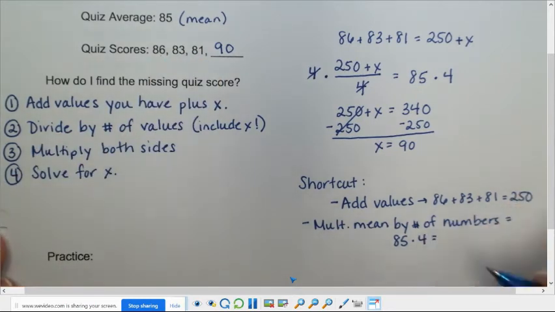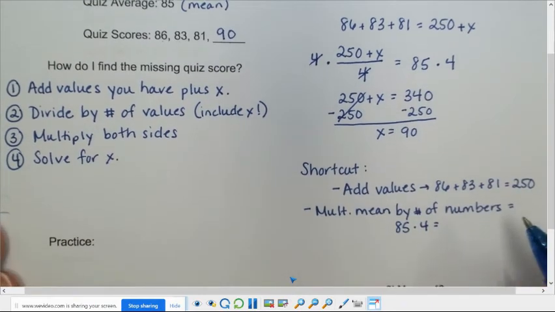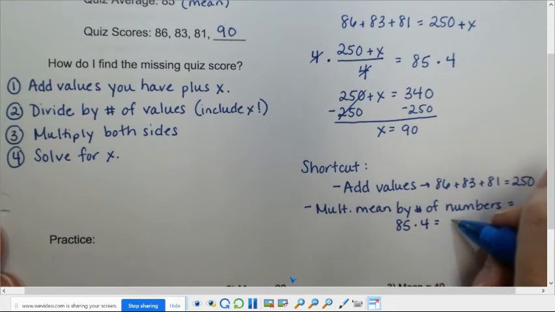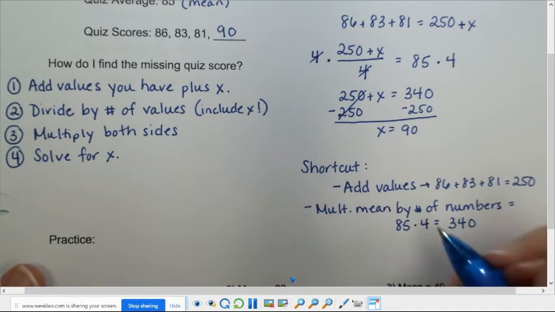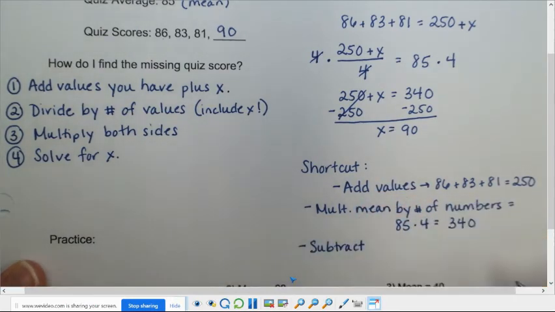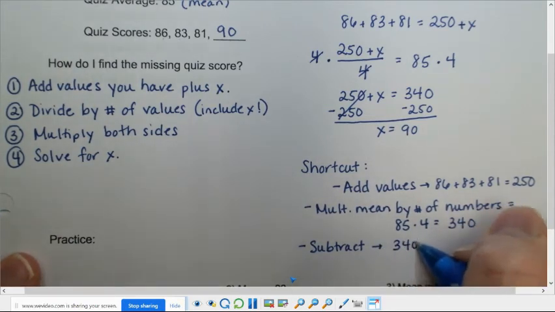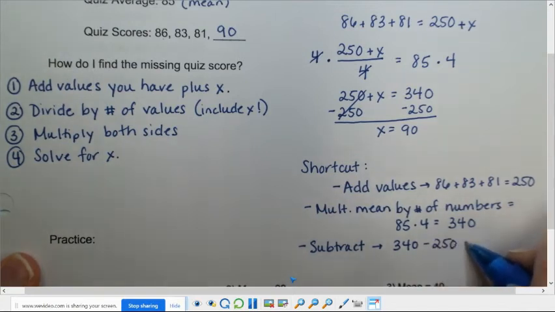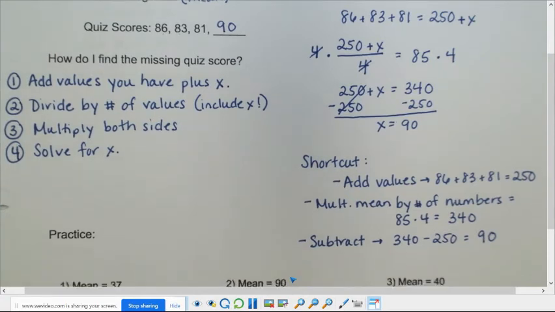So I'm going to do 85 times 4, which is the same thing I did here, just in different steps. When I multiply 85 times 4, I get 340. Then I'm simply going to subtract. That would look like 340 minus 250, and that is 90. So I get the same answer, basically the same way of doing it, just a little bit shorter.